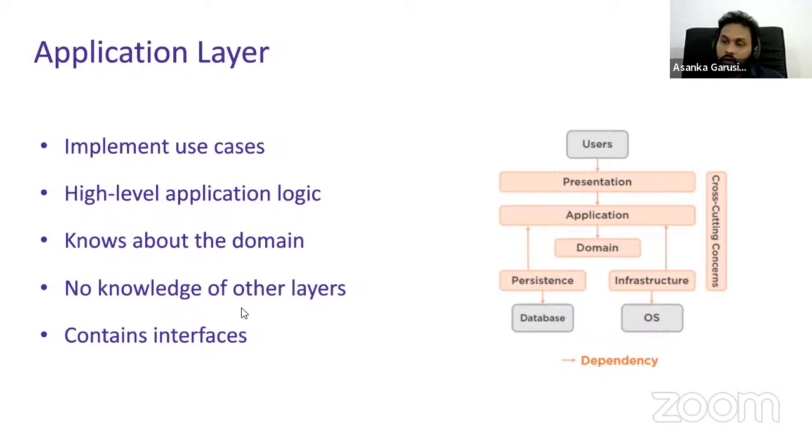You should have understanding about the domain, and no knowledge of other layers. That is something I wanted to tell you. If you are designing at the architectural level, always remember how the decoupling should be integrated. Each layer should have a different set of responsibilities.